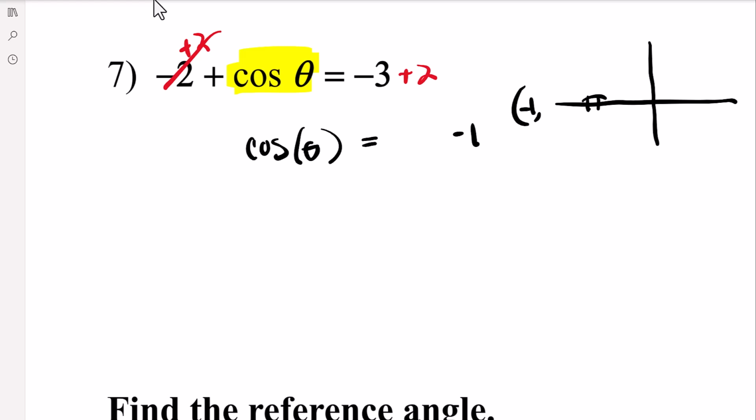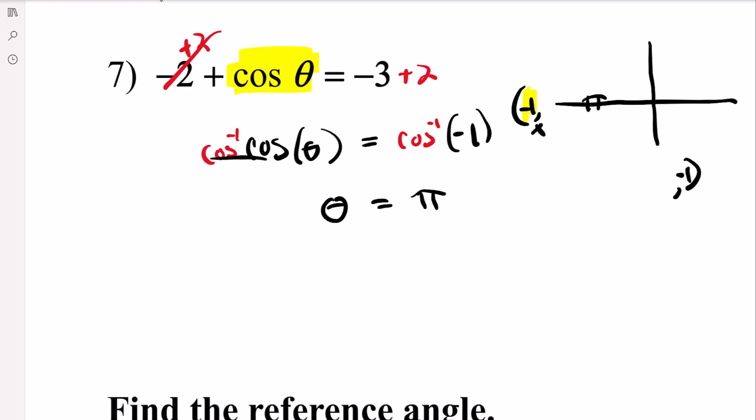And that's at pi. So we're going to take the inverse cosine of negative 1. So this is pi, 180 degrees. There's only one solution for this equation, because there's only one place where the x value on the unit circle is negative 1. Now, there's a y value that's negative 1, but that's not the x value. There's only one place for the x and only one place where the y is negative 1.